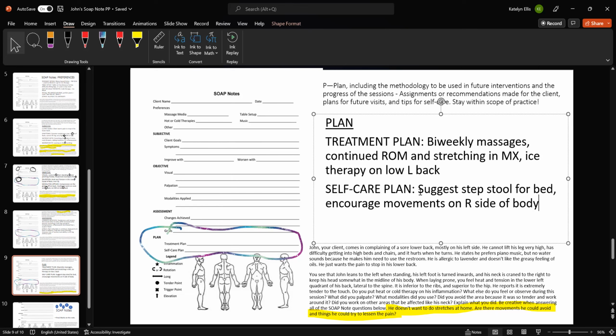So if he's tightening up his right obliques, all right, his right abdominals on the right hand lateral side of his body, the ones on the left hand lateral side of his body are also going to relax naturally because the nervous system is like, oh, one side is tightening. We got to let go of the other one. They can't both tighten at the same time. So encourage movements to tighten on the right side of the body to try to get that back to normal.